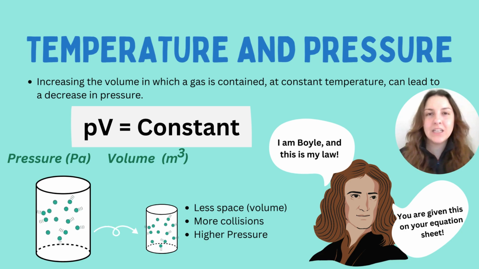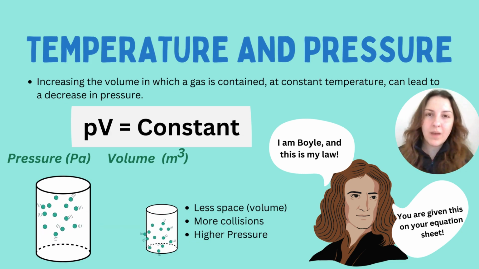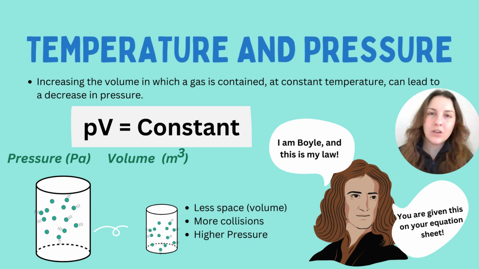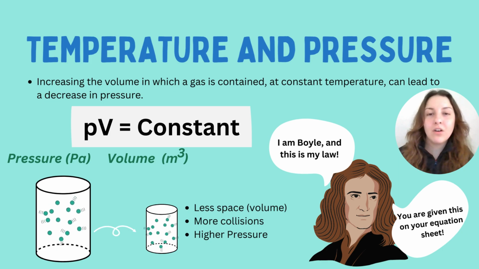So the kinetic energy of those particles increases. This causes an increase in the collisions, and there are therefore more collisions that occur by those particles, and therefore more collisions in a specific space will increase the pressure. Remember, if we have more force in a given area, we have more pressure.